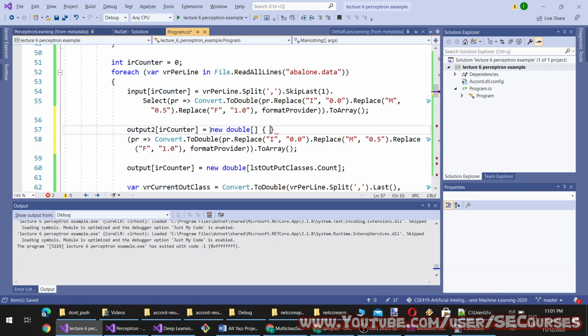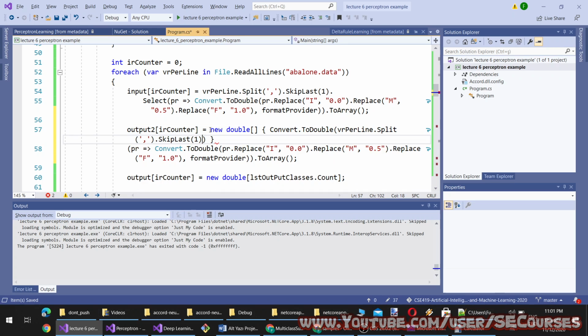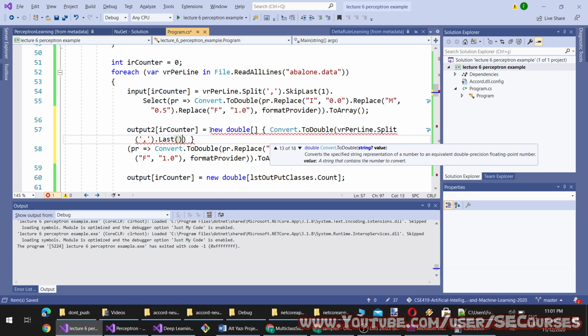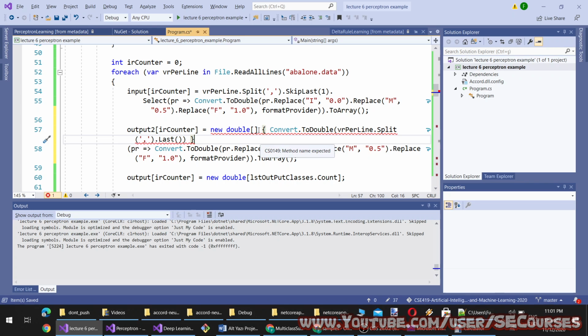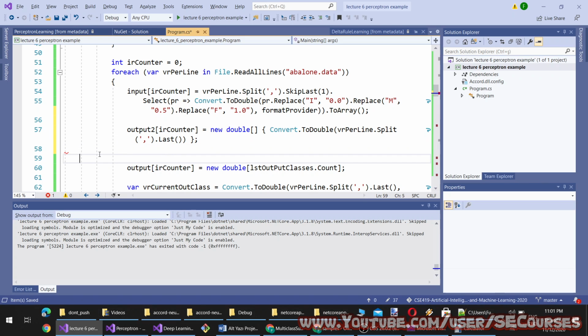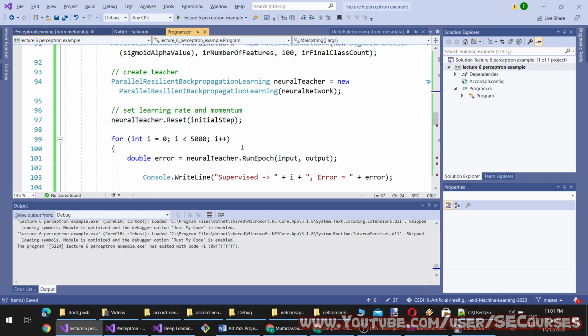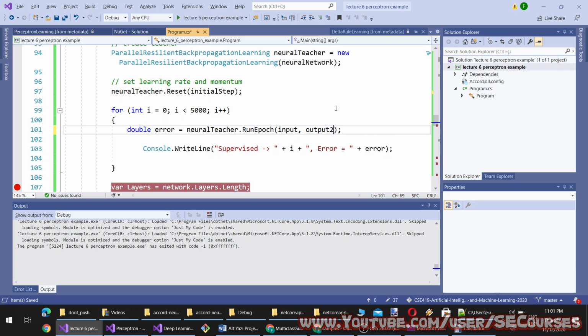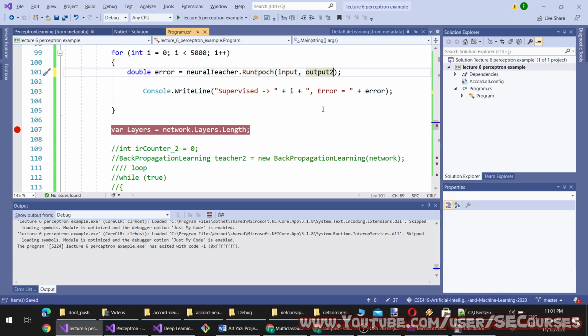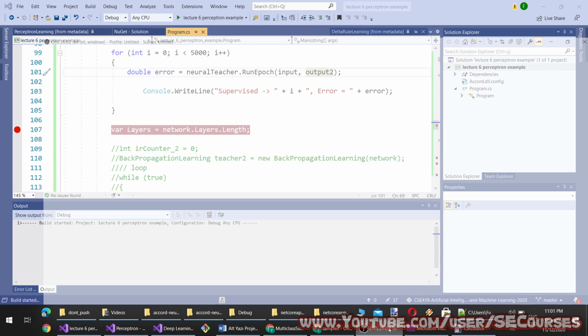Okay, double, convert to double. Okay, here last. Okay, so let's try with output 2 and let's see the error rate this way.